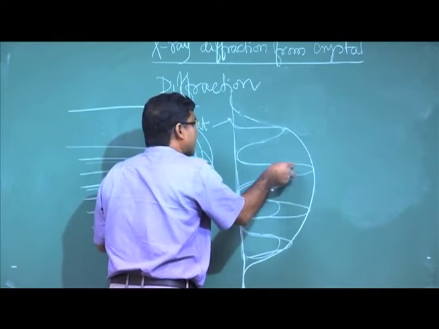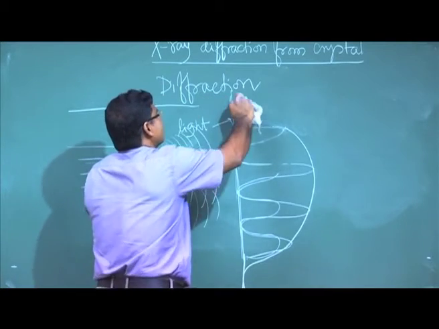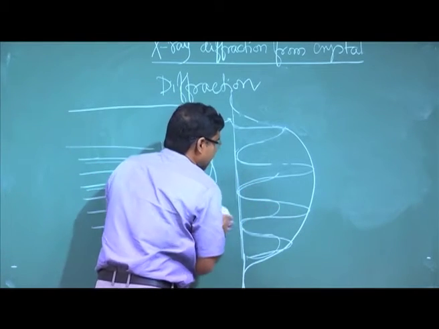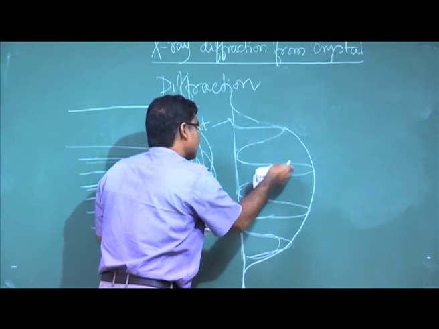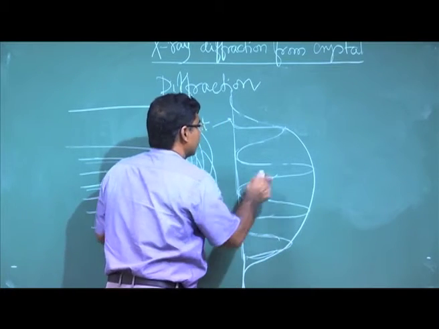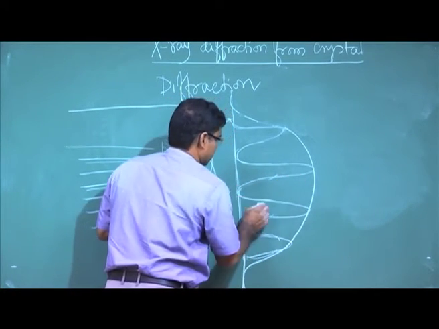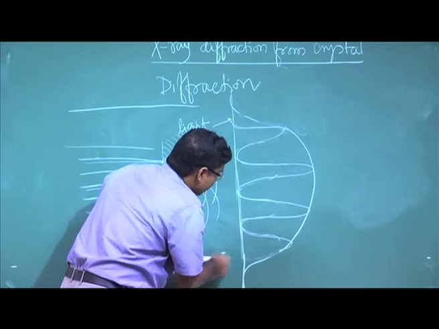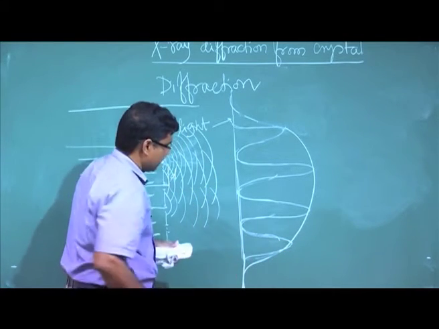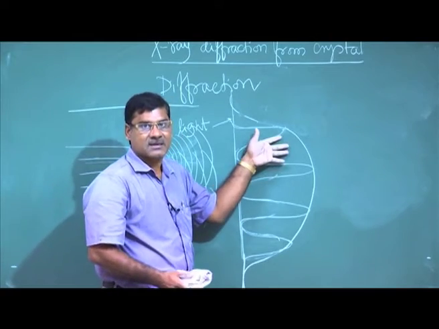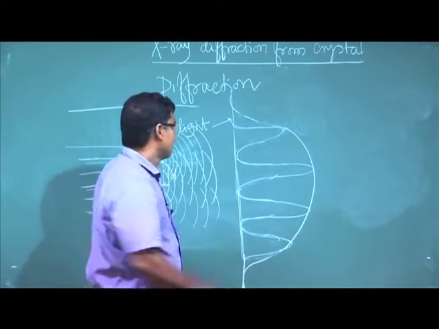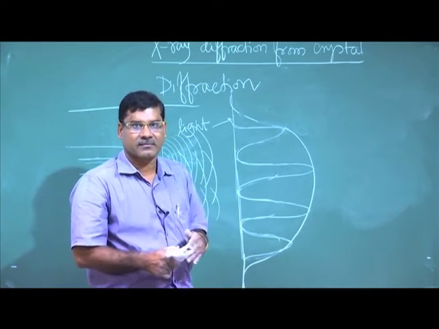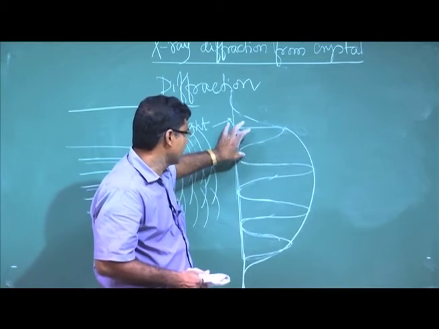All peaks will not have equal intensity as we saw earlier for the interference case. Here I get interference peaks, but their intensities are varying. These peaks we call principal maxima. They are equivalent to the interference bright peaks, and they are equi-spaced.